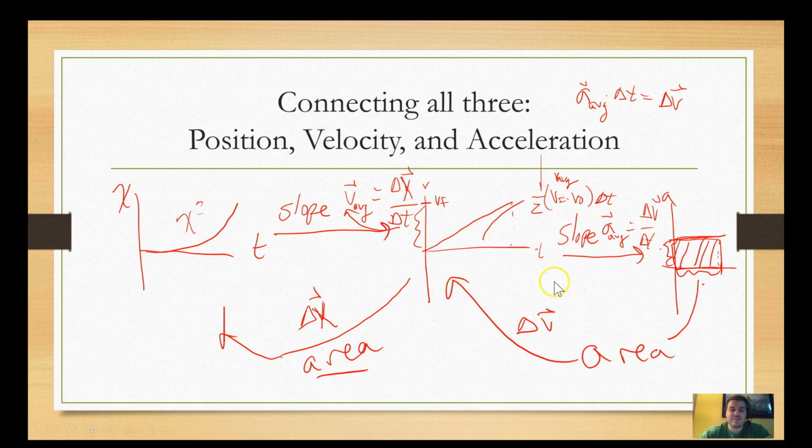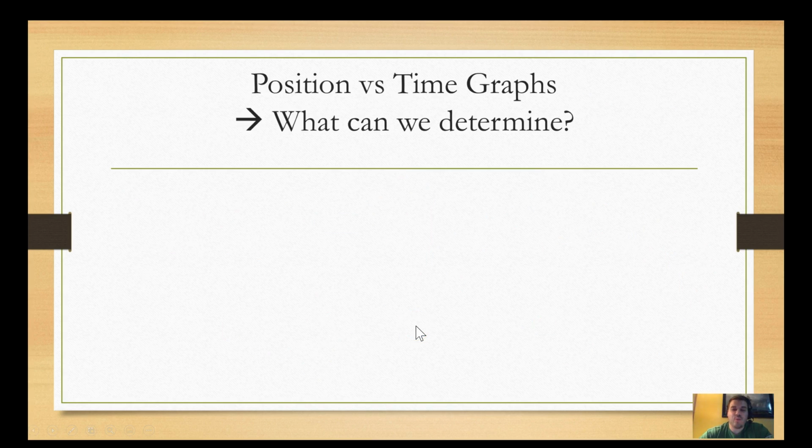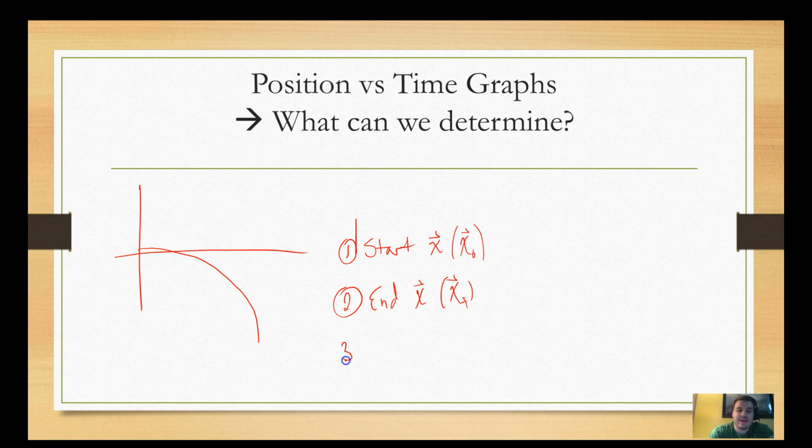So let's talk about the limitations of these graphs next. A position versus time graph. What can we determine? Let's say we have a little different graph this time, a graph like that. We can determine a few important things from this graph. First, we can determine what is our starting position, and for any time interval, what is our end position. I can also find the average velocity, so this v average, remember, is the change in position in some amount of time.